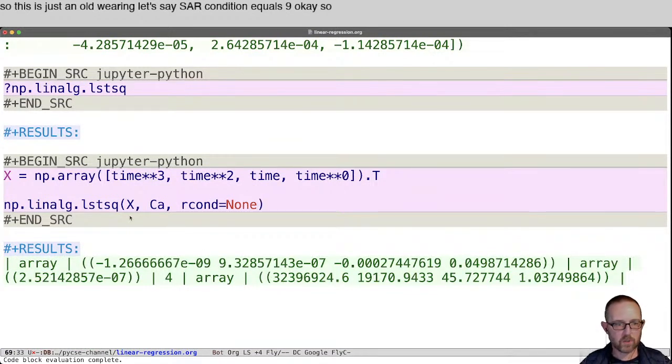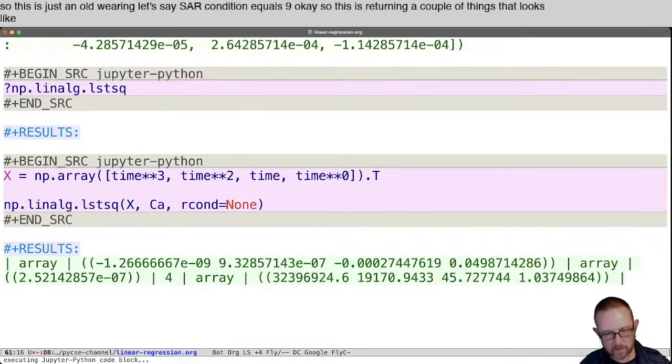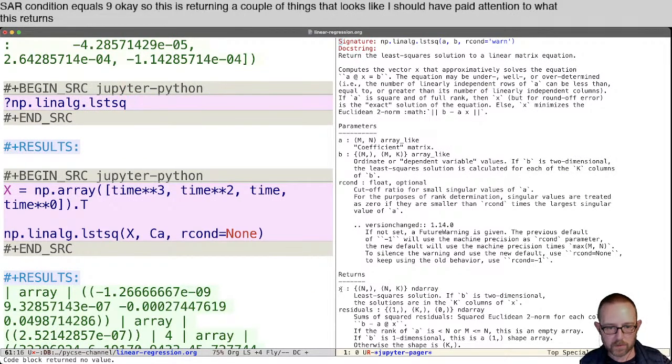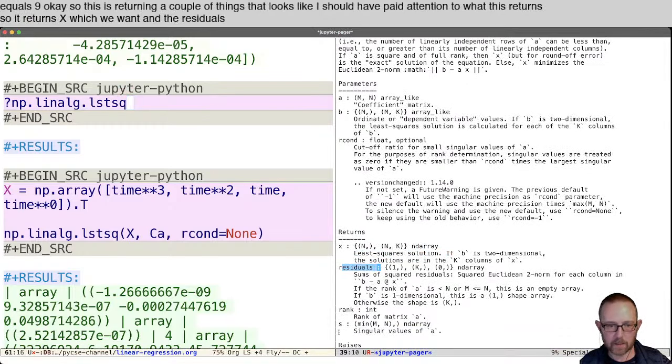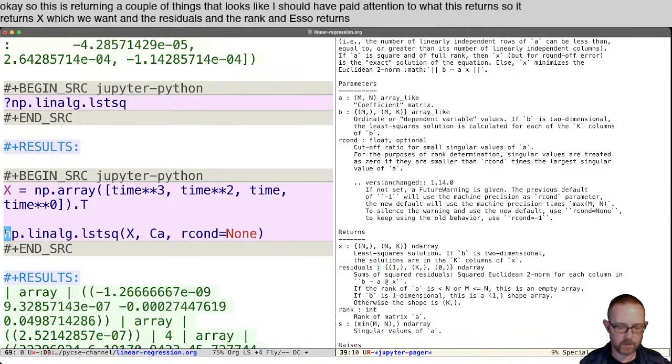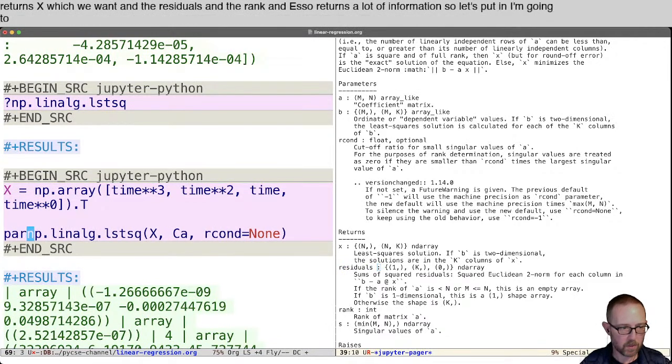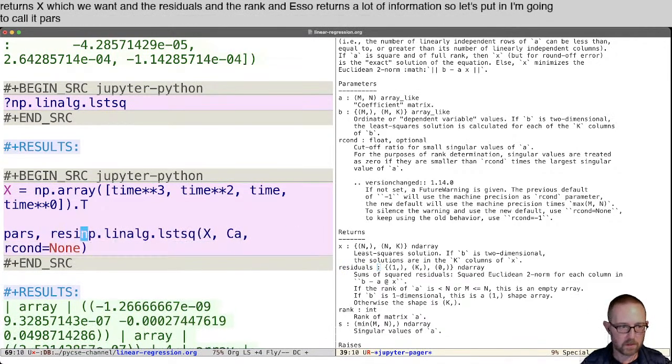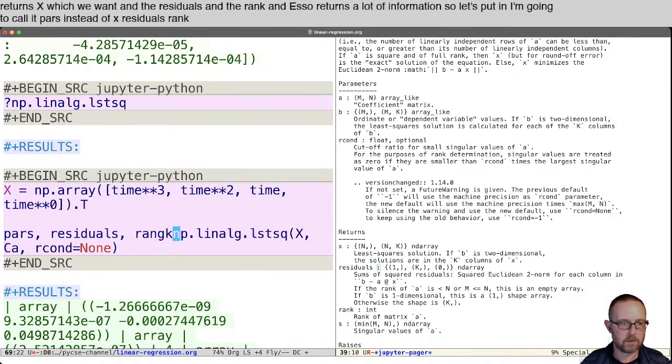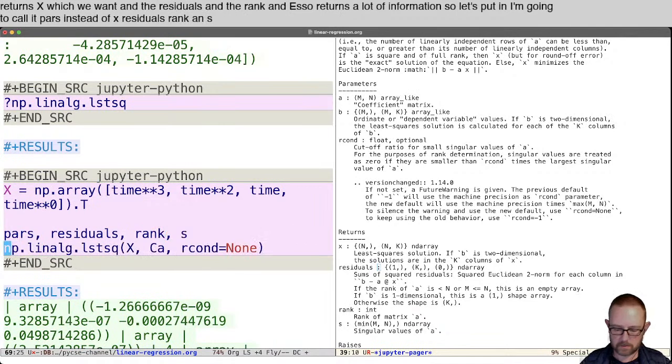Okay, so this is returning a couple of things. It looks like I should have paid attention to what this returns. So it returns x, which we want, and the residuals, and the rank, and the s. So it returns a lot of information. So let's put in, I'm going to call it pars instead of x, residuals, rank, and s. And we don't need any of these.